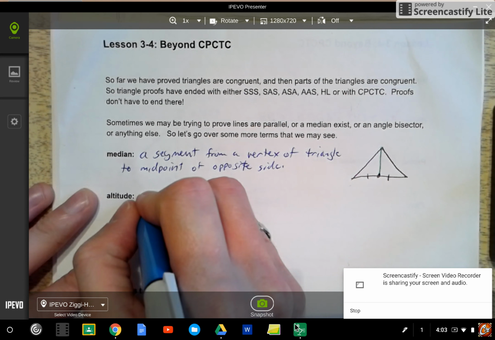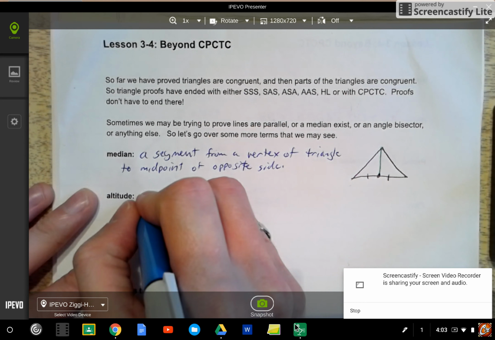Now, let's put the two of those together. Perpendicular bisector. This does two things. A perpendicular bisector is a segment perpendicular to another segment at the midpoint.